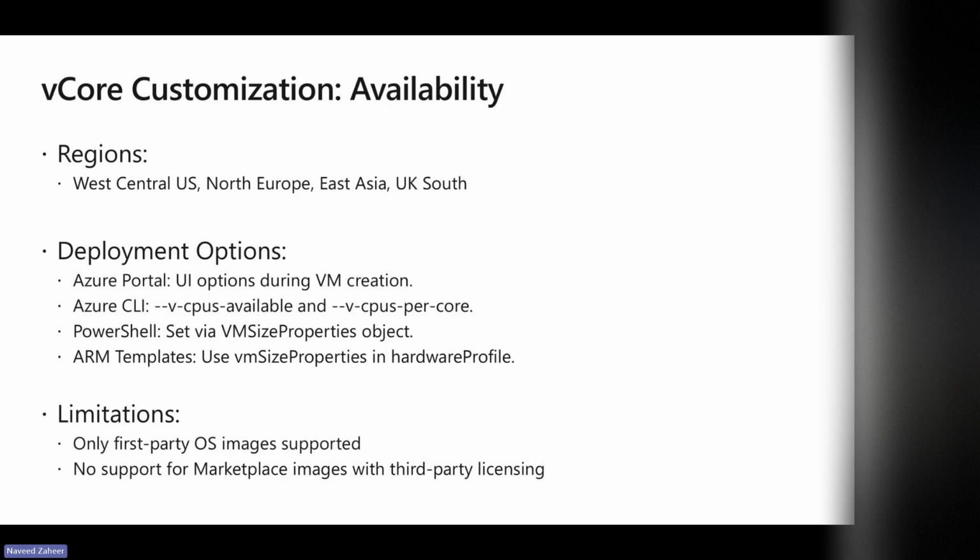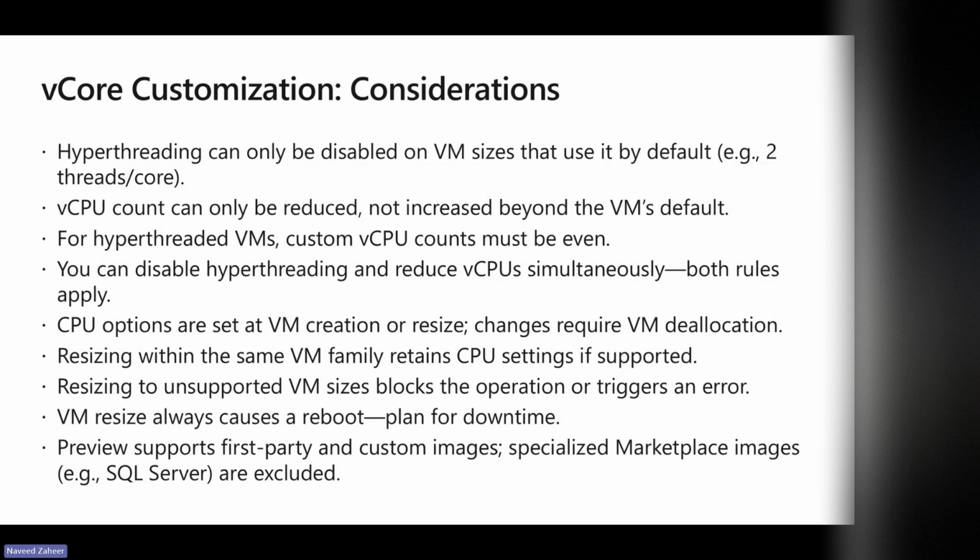Second is how many vCPUs you need. So let's say there are 8 vCPUs, you can bring it down to 4 vCPUs or whatever number you want. At this moment, only first party OS images are supported, no third party images. We will see once we go beyond the preview.